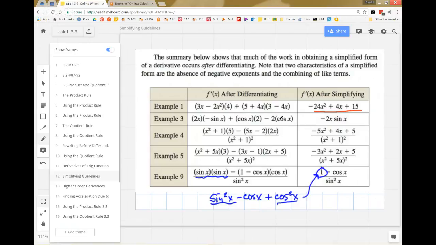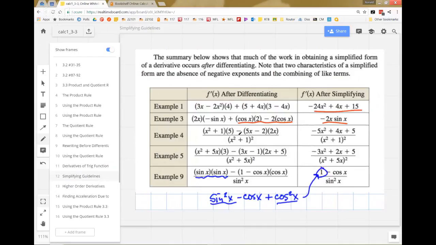The second one, 2x times negative sine, so that's negative 2 sine x. And then you should recognize that these two are opposites of each other and they eliminate. So again, you should do this kind of simplifying.